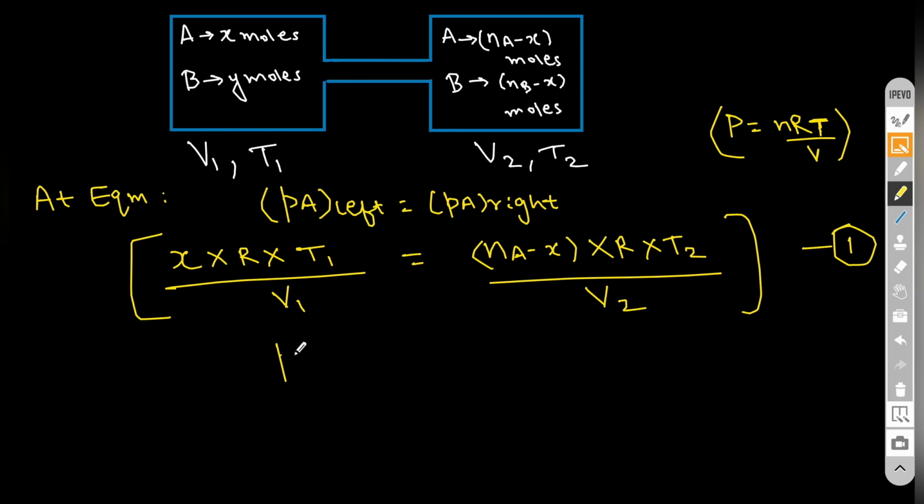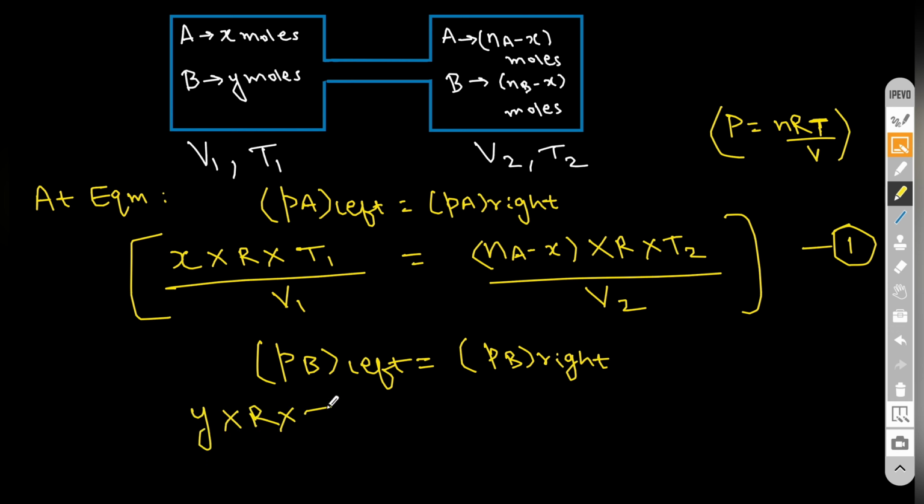Similarly, we will write that the pressure of gas B present on the left side should be equal to the pressure of gas B present on the right side. Putting values, it will be moles, which is Y, R, T1 divided by V1, should be equal to Nb minus Y. Here it is Y, sorry, I had written X. Basically, Y is the moles that have been displaced, so Nb minus Y will be left.